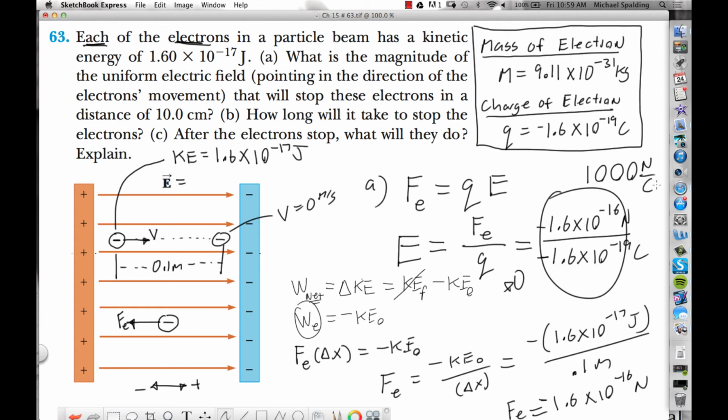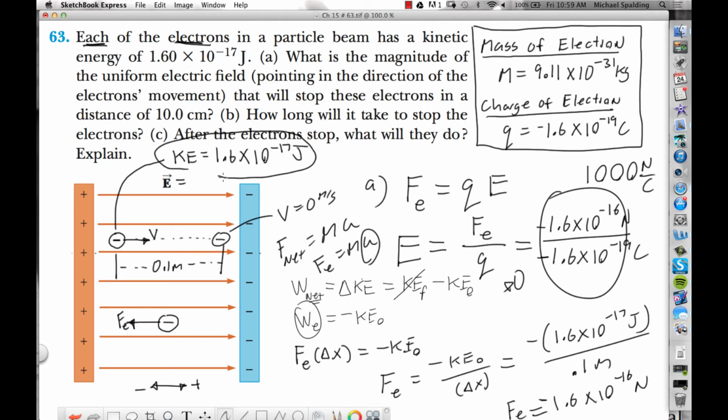Now, how else could you have found the force of the electric field? What you could have done: F net equals what? MA, and what's the only force acting on the electron? The only force acting on the electron is the force of the electric field. So the force of the electric field equals MA. So then you just solve for A, but that's multi-step here.